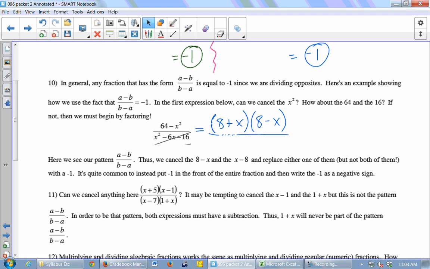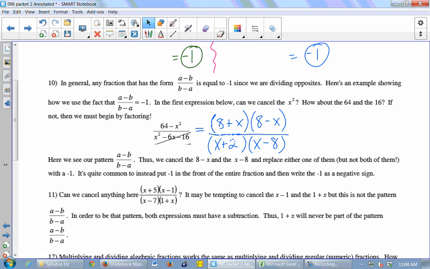All right, and then my denominator, x squared minus 6x minus 16, how does that factor? X plus 2, x minus 8. All right, do I have any foo-foos? Do I have any factors that look exactly the same on the top and the bottom? Do I have any fancy forms of -1?